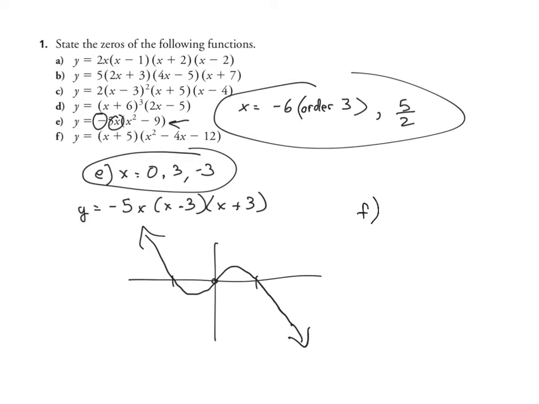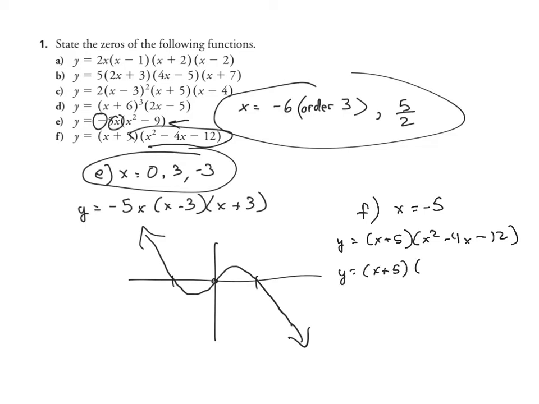All right, part F. We have a 0 at negative 5. And, oh, we're going to have to factor this one. So let's do that. Y equals x plus 5, x squared minus 4x minus 12. That's a quadratic. We can handle that. We need 2 numbers that multiply to give negative 12 and add to give negative 4.